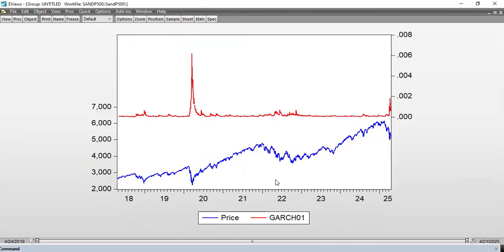Okay. Now be very careful, students, be very careful. This is the graph of your conditional variance, GARCH01, and this is your original series. Very good. Up to this point, most of the studies are finished. But see here, but see here.